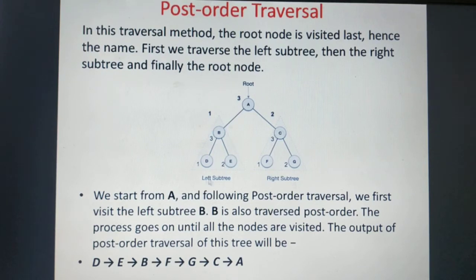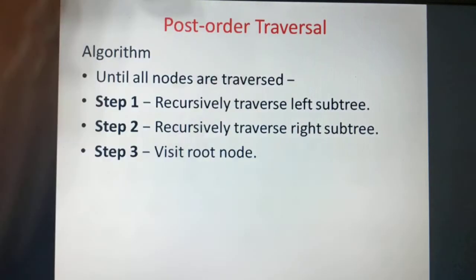In case of left subtree, we recursively apply the post order inside, and in case of right subtree, again recursively we apply the post order traversal. So the algorithm: until all nodes are traversed, recursively traverse the left subtree, recursively traverse the right subtree, and visit the root node.